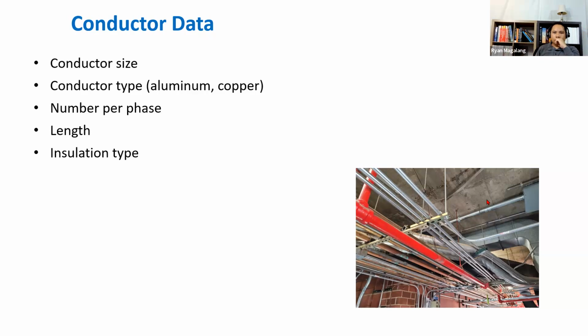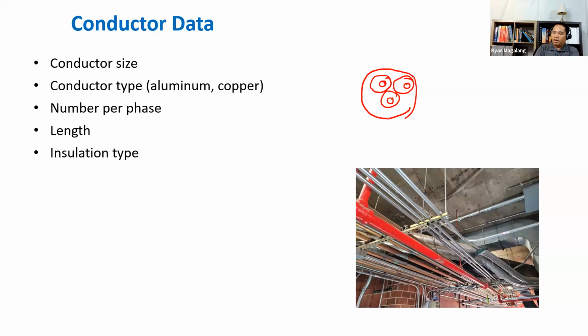So the main effect of insulation is really on the X part, on the reactance. So consider, let's say, that is your conductor, and this is your insulation, and this is wrapped around another insulation, and that's wrapped around another.